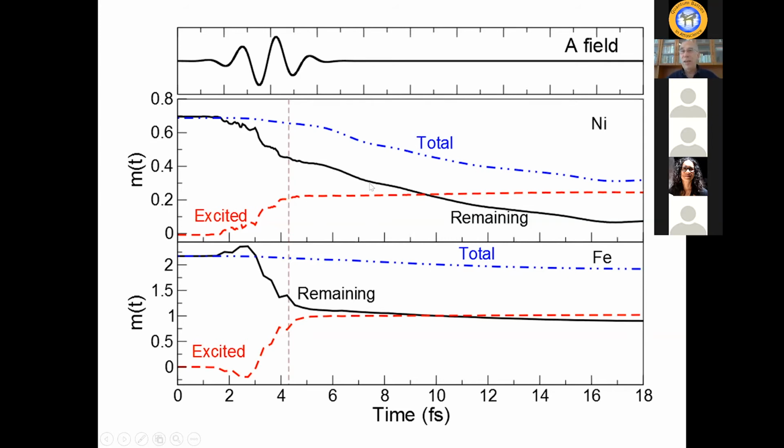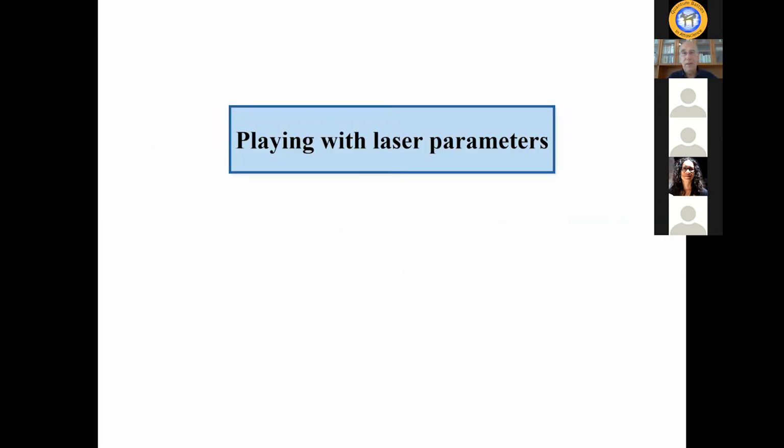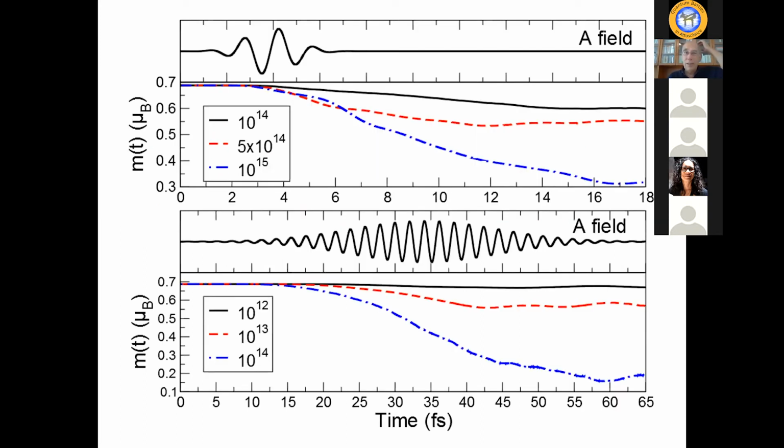So this is the effect of spin-orbit coupling. This finding is summarized here: initially, the laser moves magnetization from the atomic centers elsewhere, and then spin-orbit coupling drives the demagnetization of the more localized electrons.